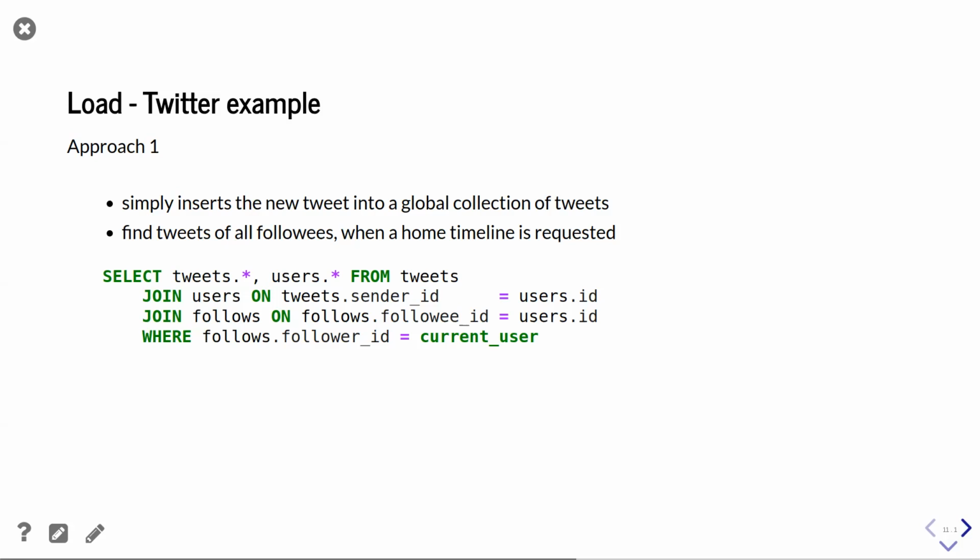This SQL query basically combines the users table and the follows table, which contains the follower and followee IDs, and retrieves all the tweets from users whom the requesting user follows.